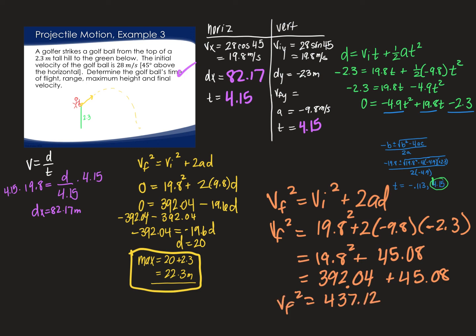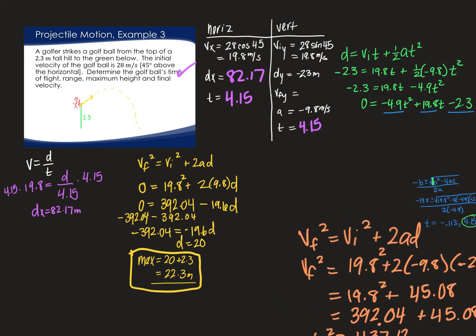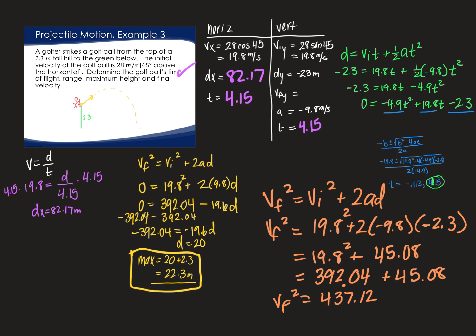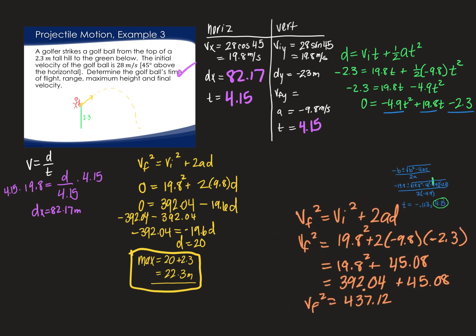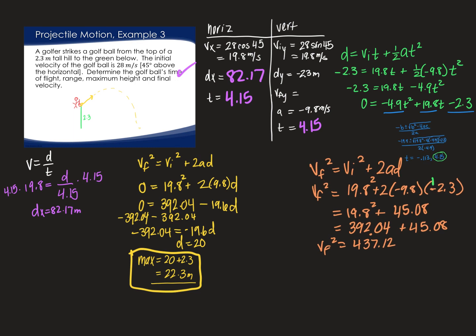So to get our final answer, we take the square root, which is 20.9 meters per second. And it's technically negative because it's going downward.